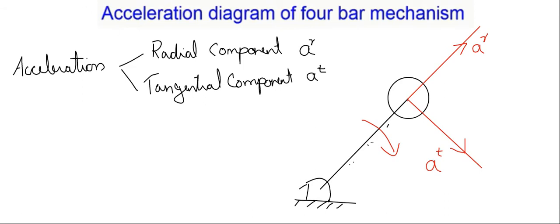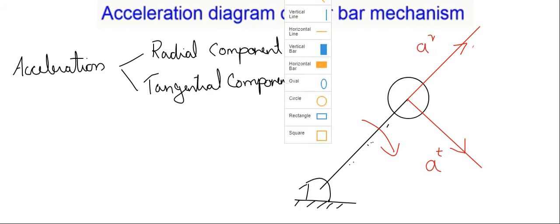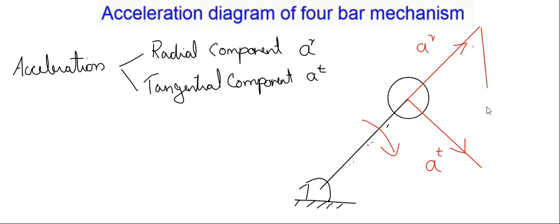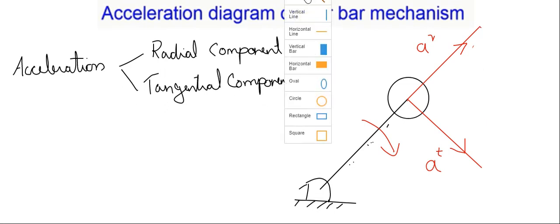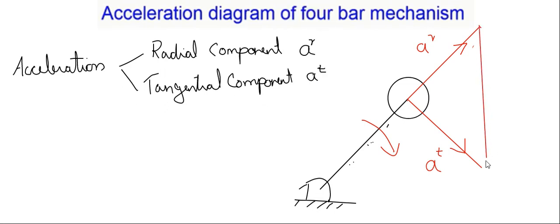And these are the two components, and the actual acceleration, or what we call true acceleration, will be actually, okay, let's take that AR outside. So that is AR and that is AT, and the true acceleration will be actually the resultant vector of these two components. So that resultant vector will represent the true acceleration, that we call A.